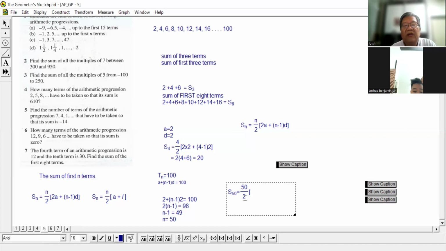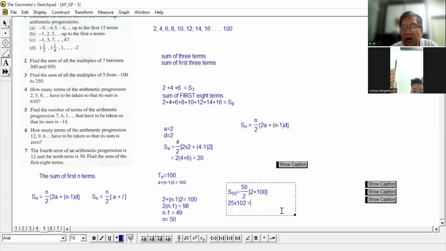What is the formula? a, how much do I write down there? 2. Then plus l, where l is the last term. How much is it? 100. So now it will be 25 times 102.